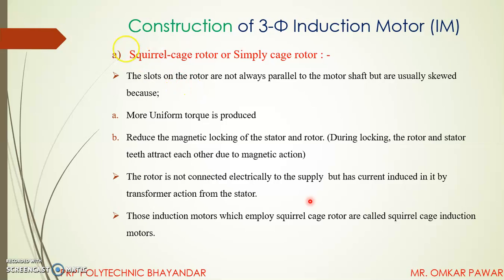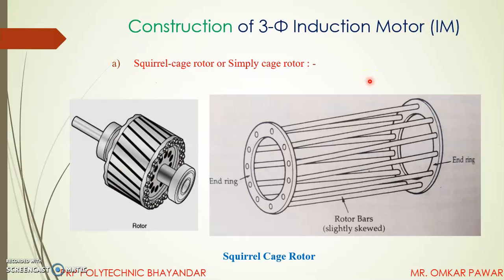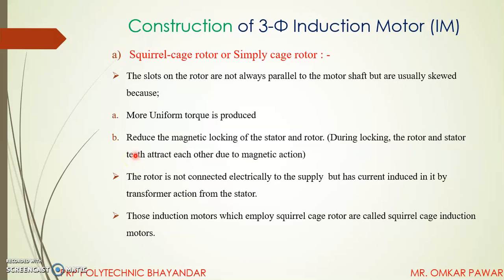The slots on the rotor are not always parallel to the motor shaft but are slightly skewed, like in this diagram, slightly tilted by some angle, not in parallel with the shaft. Because more uniform torque is produced, and magnetic locking of the stator and rotor is reduced.